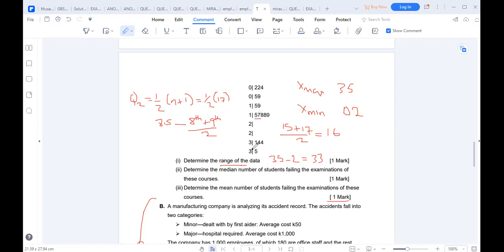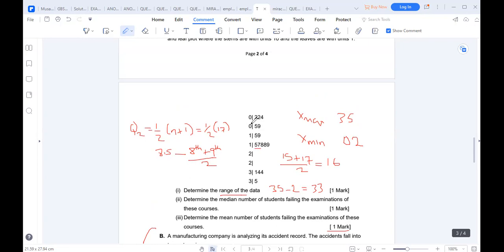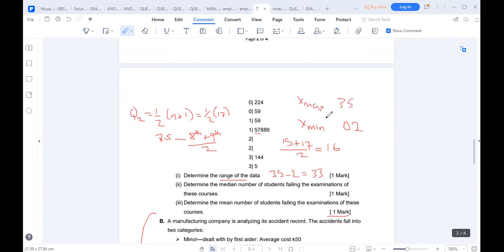From this figure that you have here. So this is a stem, and this is a leaf. Of course, this was supposed to be rearranged starting from the smallest number. So we're going to get these figures there. We have 0, 2, 2, 4, 0, 5, 0.